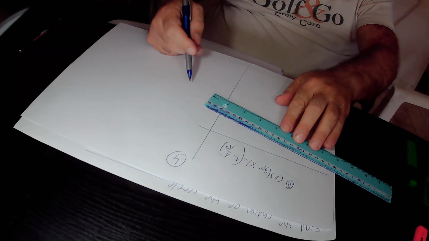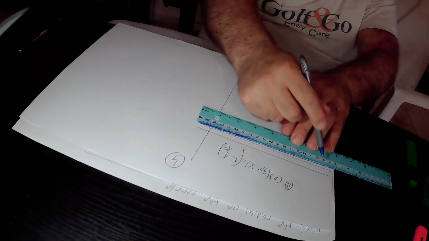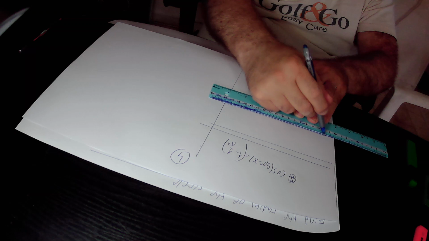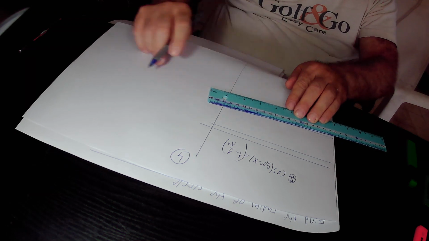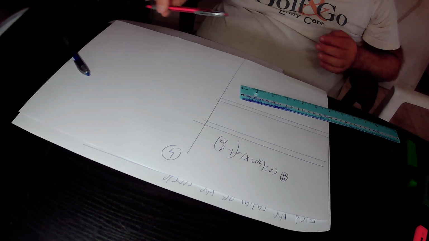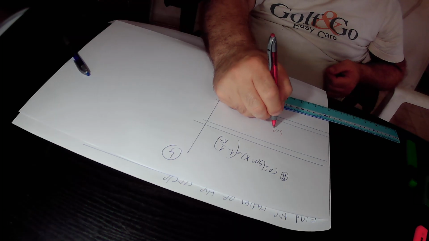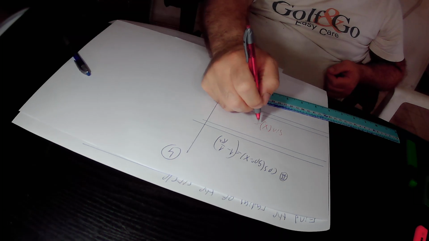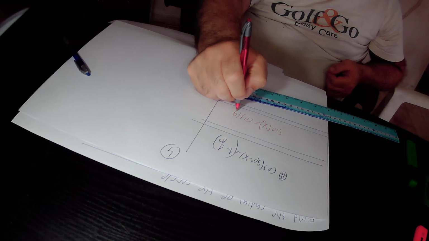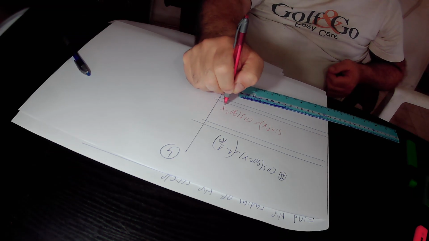Here we use the following trigonometric identity that states that sine x equals cosine 90 degrees minus x.